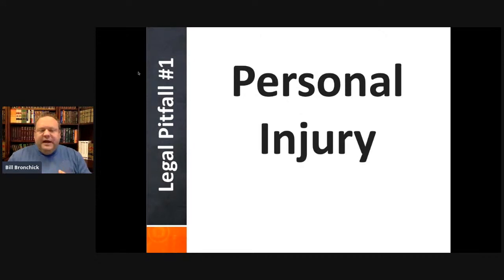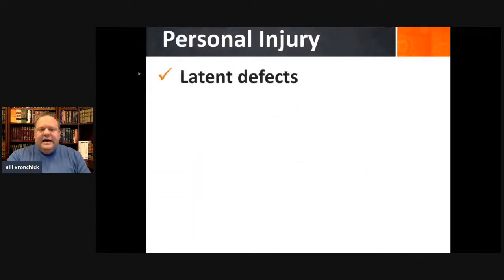Personal injury is probably one of the most common things that will happen to you as a landlord in terms of liability. You've got to be concerned about certain things like latent defects. What is a latent defect? A latent defect is a defect in the property that is latent, that means not easily discoverable.